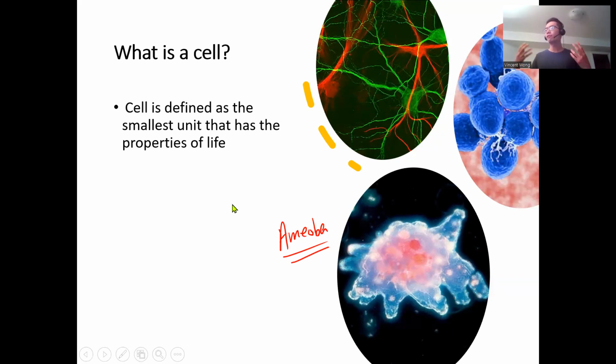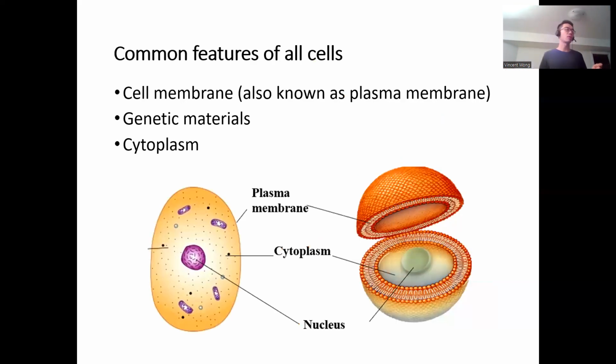But there are certain features that are common to all cells. Even though the brain cells look nothing like these streptococci, and they look nothing like the amoeba, there are 3 characteristics that are shared by all kinds of cells. The first one is that they all have a cell membrane. A cell membrane is also known as a plasma membrane, and that is a barrier that separates the outside environment from the inside of the cell.